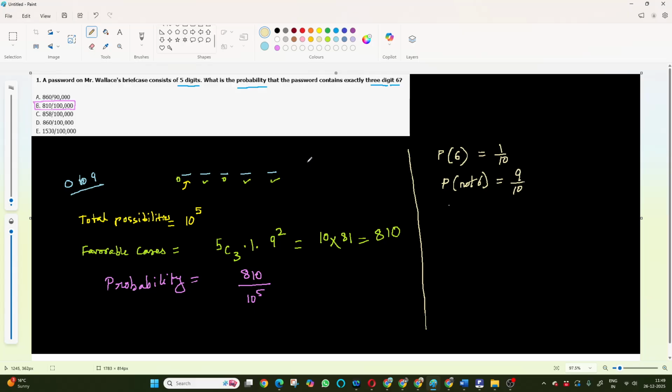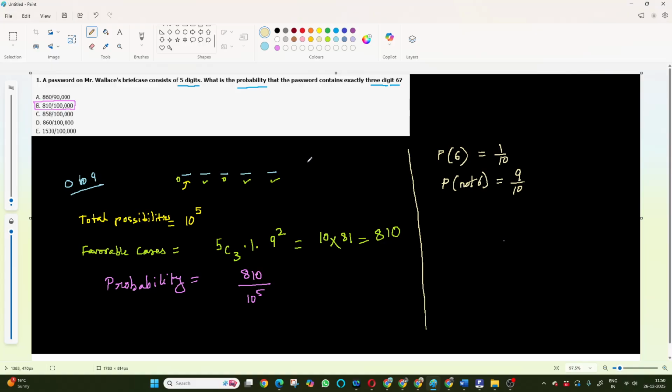And if we say that P of 6 is what success looks like, the chance of fitting a 6, and P of not 6 is the non-success part, imagine that instead of five slots, we are thinking about five random trials.